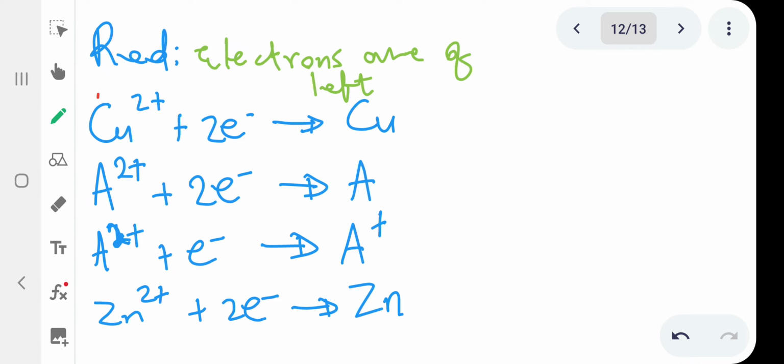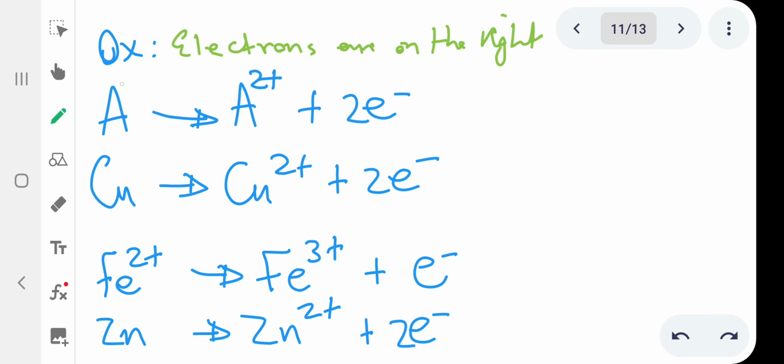So these are the oxidizing agents, and these are the reducing agents.